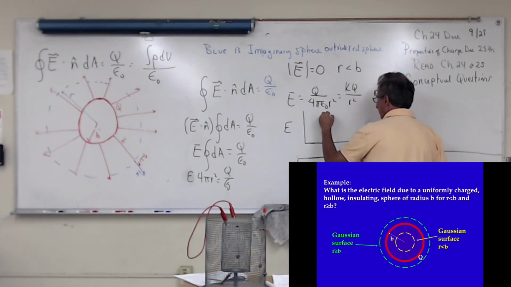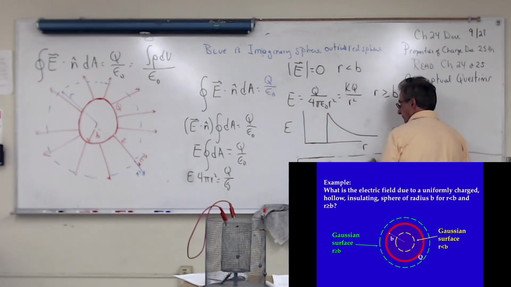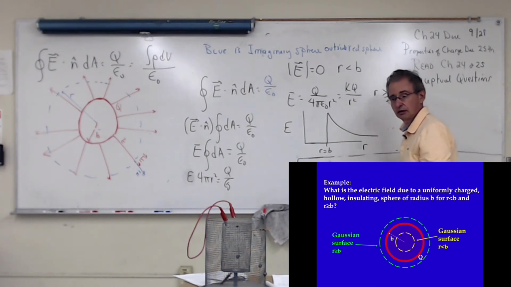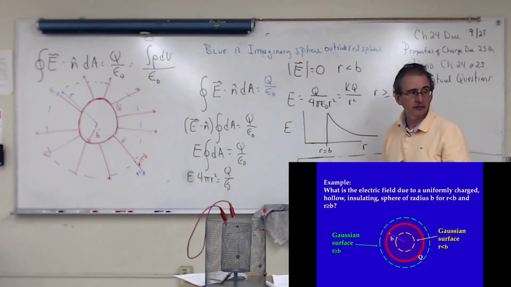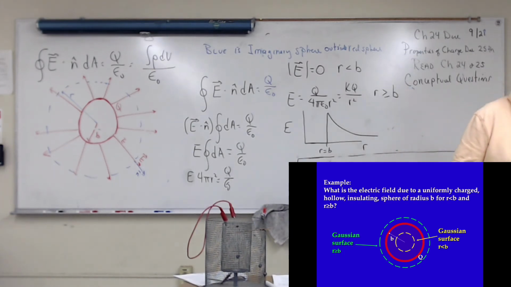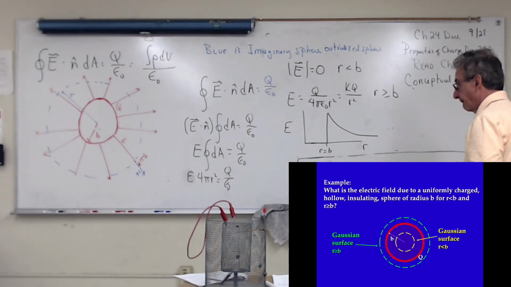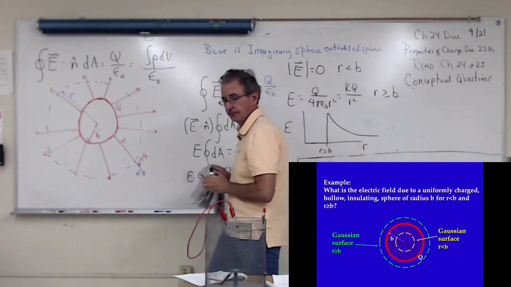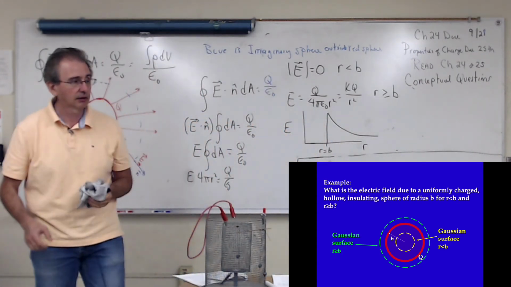Then it jumps up like this, and then it depends on 1 over R squared. That's what the field looks like. It's like that of a point charge. If you do the point charge, you get the same answer. Are we okay with that?